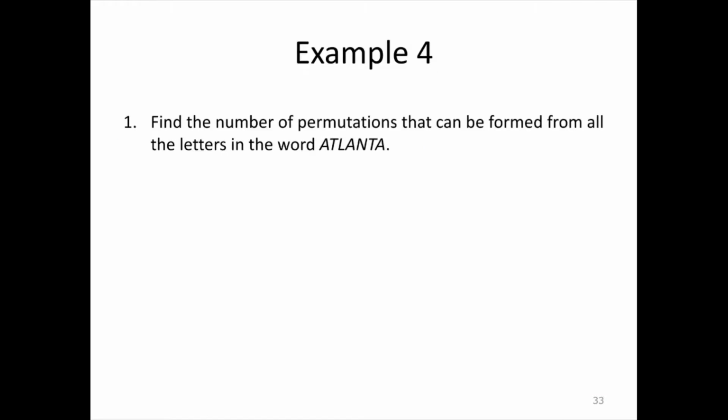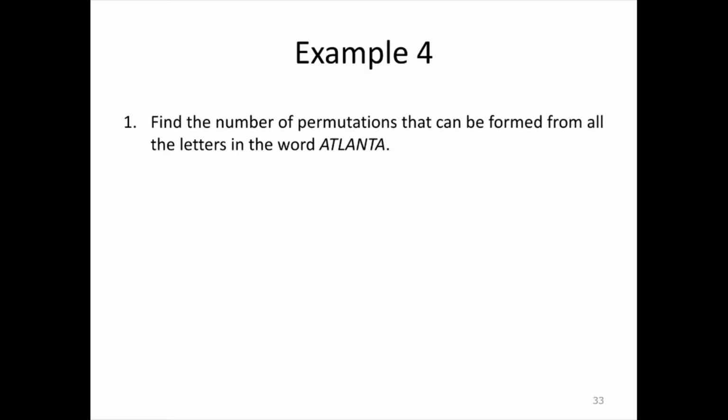Okay, so let's see one example. We have here the word Atlanta, and we want to know the number of permutations that can be formed by using all the letters in this word.